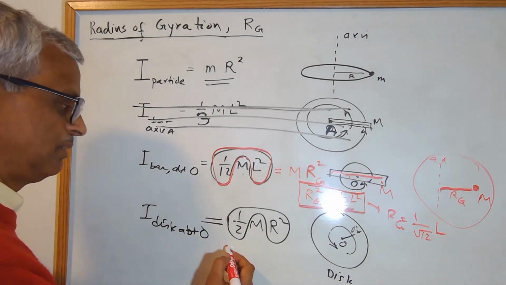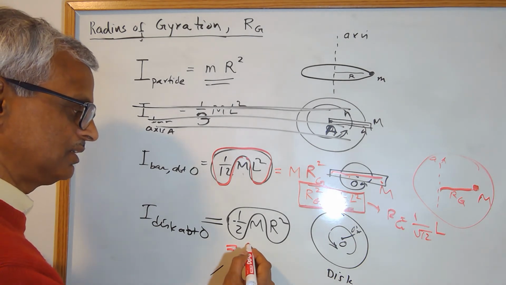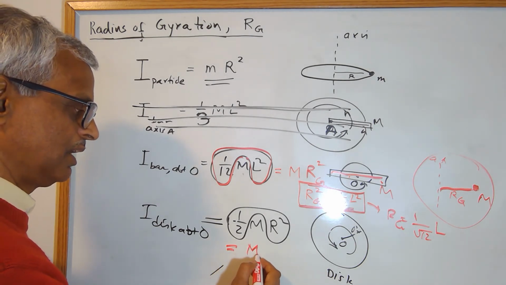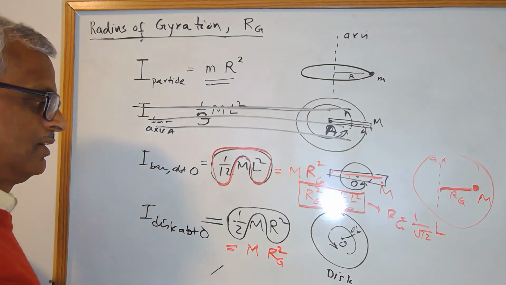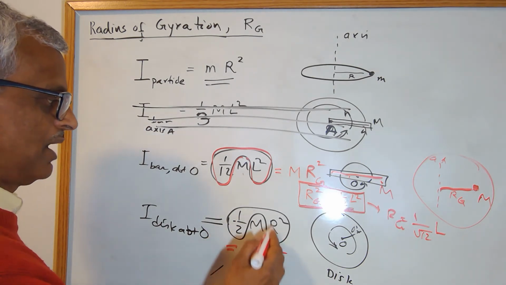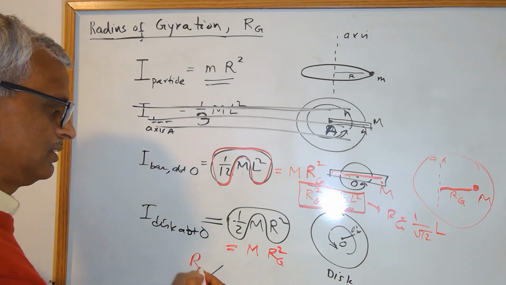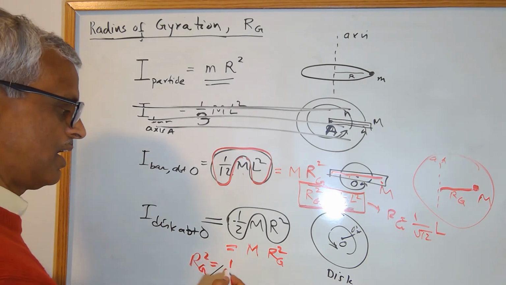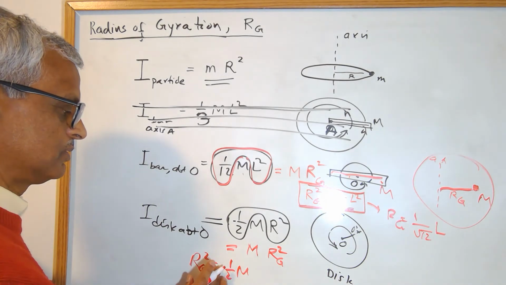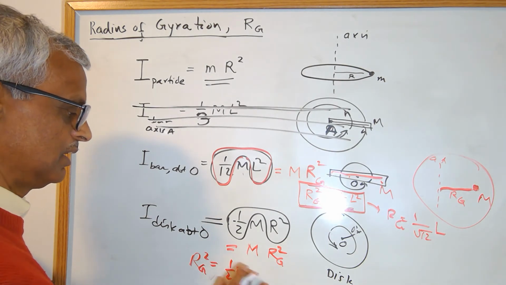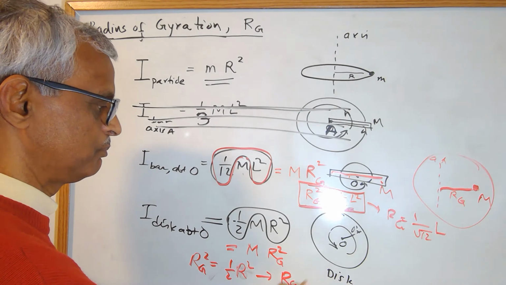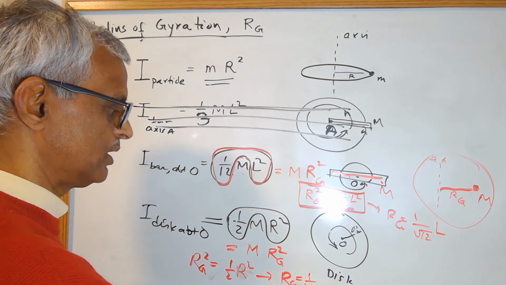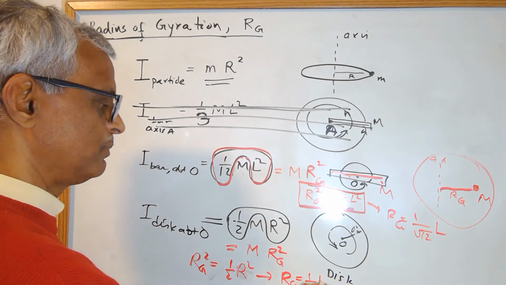Over here, if I do the same thing, for the disk, I equate: it's going to be half of m r squared, so radius of gyration squared has to be half of r squared, which means the radius of gyration is 1 over square root 2 of the radius of the disk.